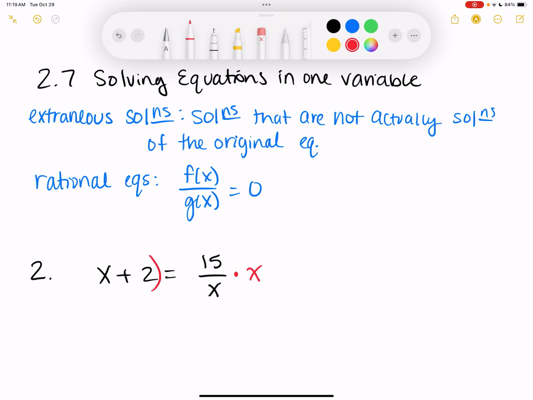And when I multiply this side by x, I have to multiply the entire thing, not just like one piece of it. So I end up with x squared plus 2x equals 15. And then you can bring 15 to the other side. Yep, I'm going to move 15 over and attempt to factor. So x squared plus 2x minus 15 equals 0.